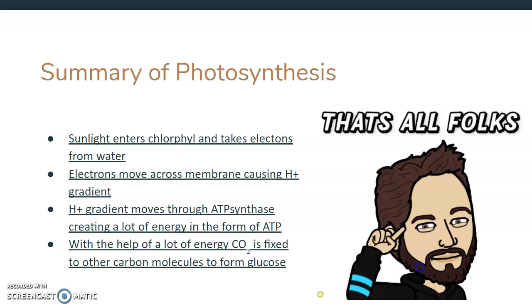And then with the help of a lot of that energy, our carbon dioxide is fixed to our other carbon molecules to form glucose. So as long as we understand that we get our energy from our sunlight, that energy is moved through to create different forms of energy that we can use to make the carbon dioxide go into a sugar molecule, into glucose.